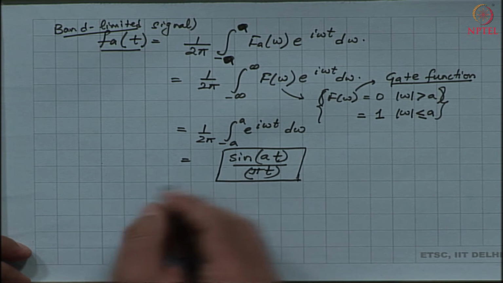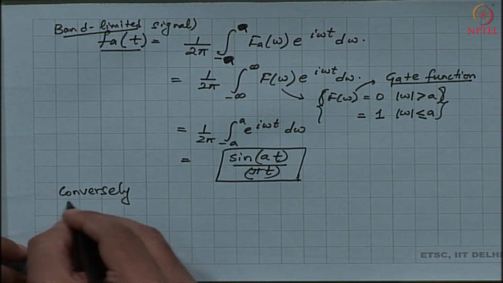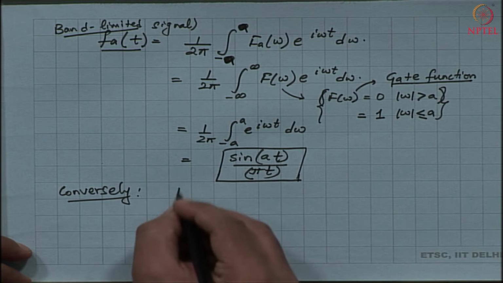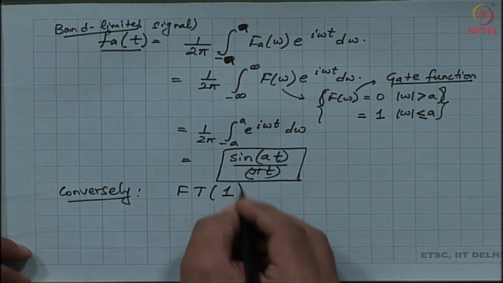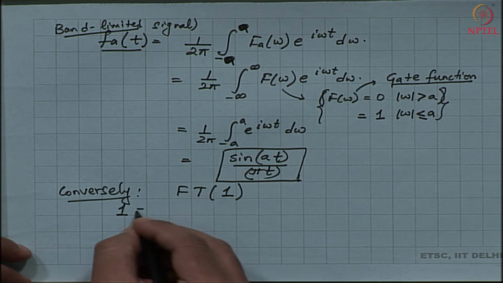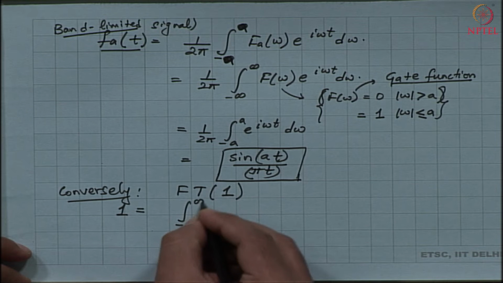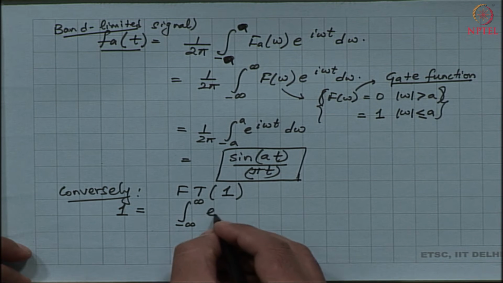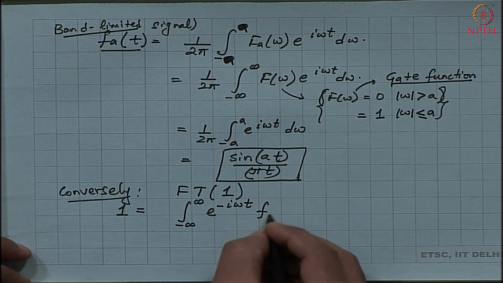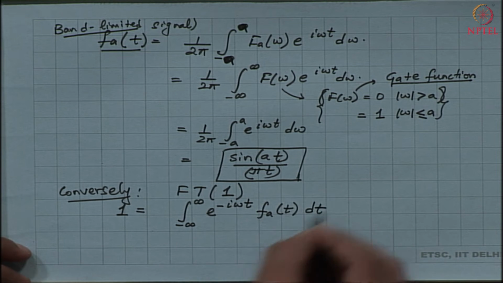Okay. So, conversely, look at the Fourier transform of this constant 1. So, the Fourier transform of 1 is given by the limit of the integral from minus infinity to infinity e to the power i omega t f_a(t) dt, right.